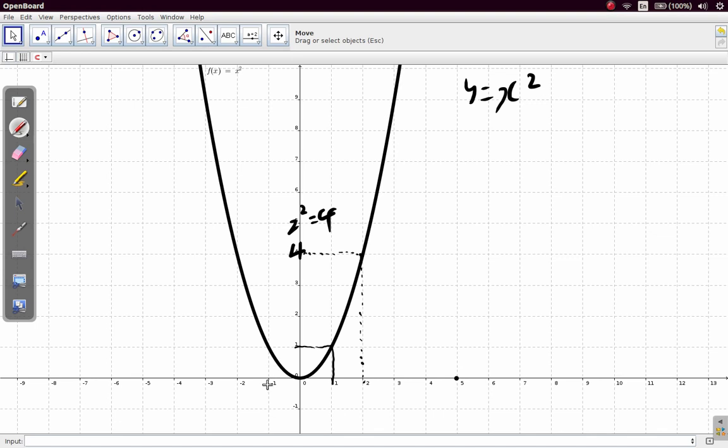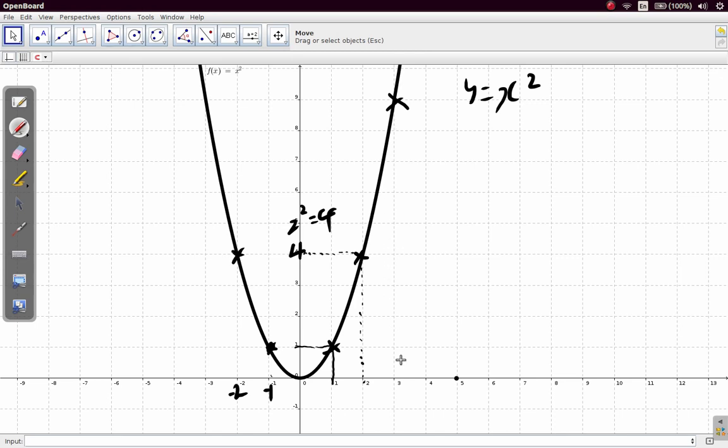On the left, when we had x being negative 1, negative 1 squared is positive 1, which is here. So we have these points. When x is negative 2, y is negative 2 squared, which is 4, right here. When x is 3, y is 3 squared.